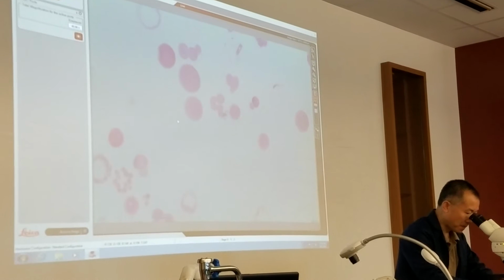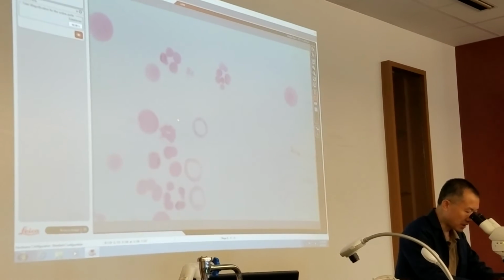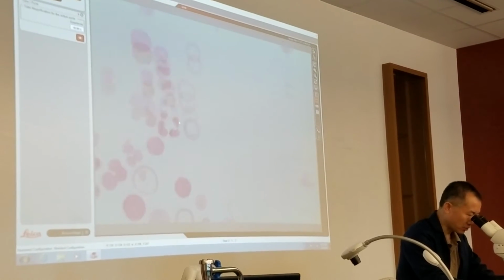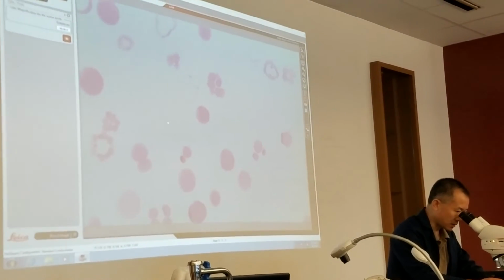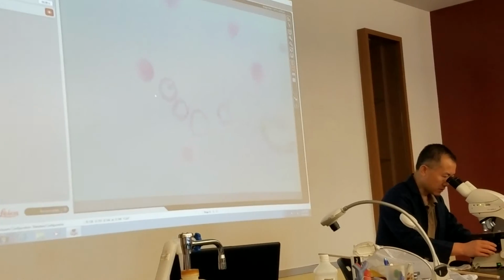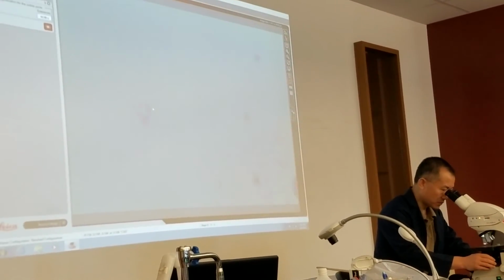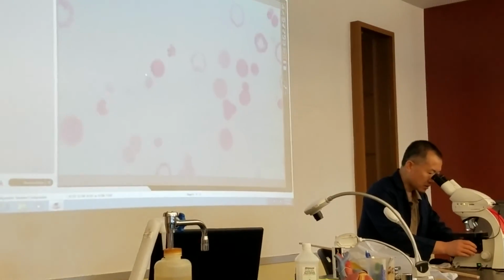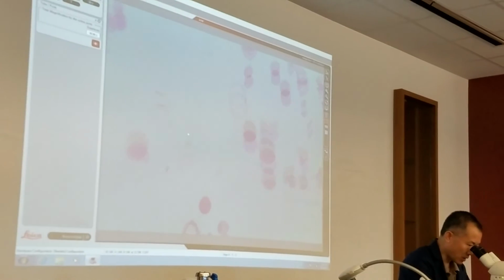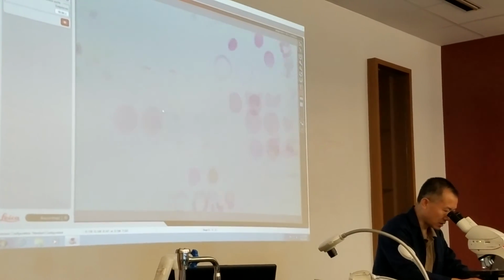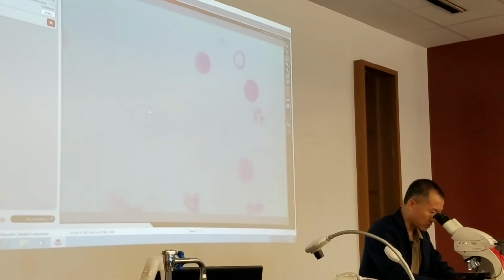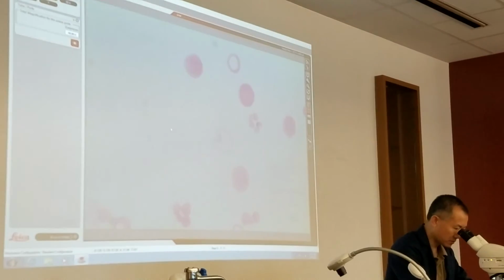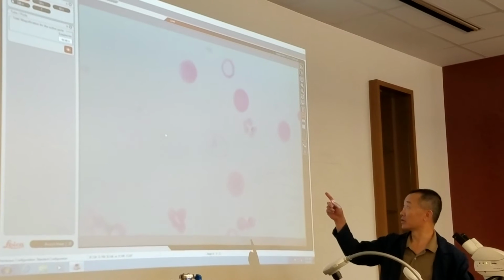So I will find the late stage, that is the gastrula. I'm going to ask you the opening, the blastopore. This one is not a good one, but there are a couple of gastrulae over here. Let me show you from this one.